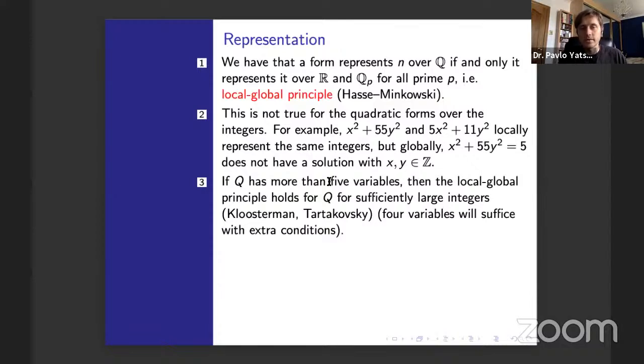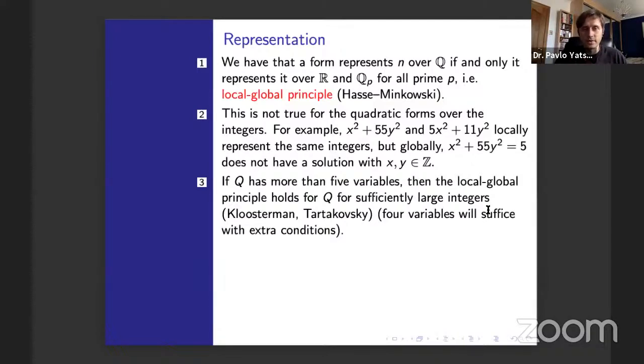If the rank of the form is 4 or 5, 5 is easier, but 4 is okay under certain restrictions, then the result of Tartakovsky and Kloosterman tells us that for a given quadratic form with more than 5 variables, if the quadratic form represents an integer locally and this integer is sufficiently large, then it's represented globally.